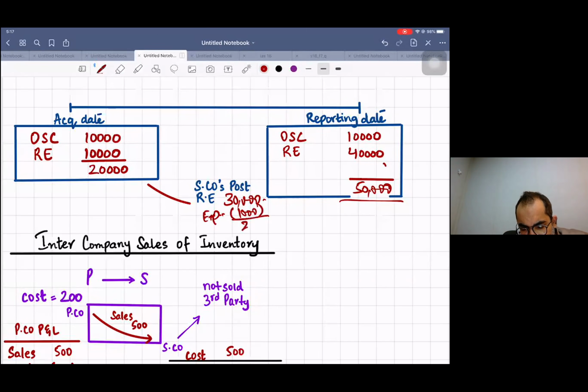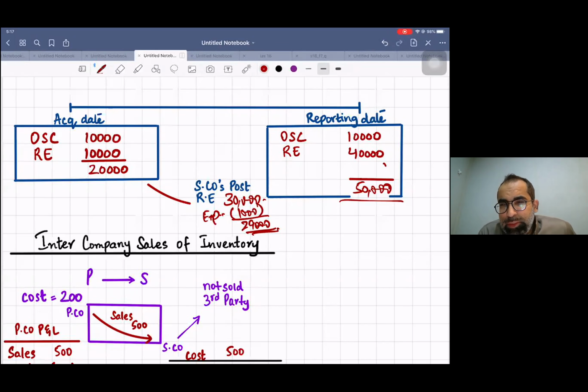This will make S company's post profit 29,000. Repeat: S company forgot to write 1,000 expense in the P&L, so definitely the profits are overstated. So we need to adjust the post profit. After the adjustment, S company's post retained earning came out to be 29,000.